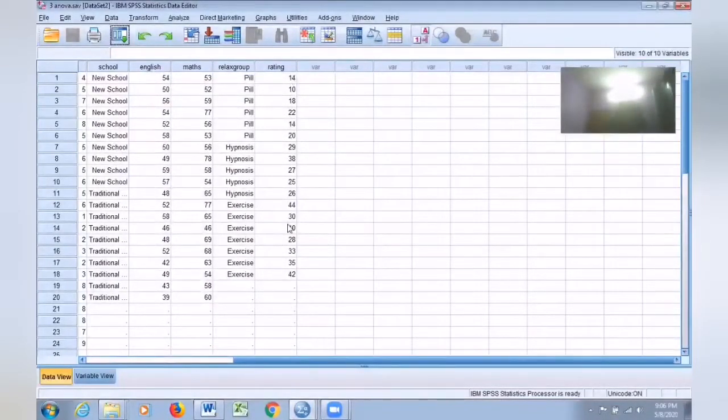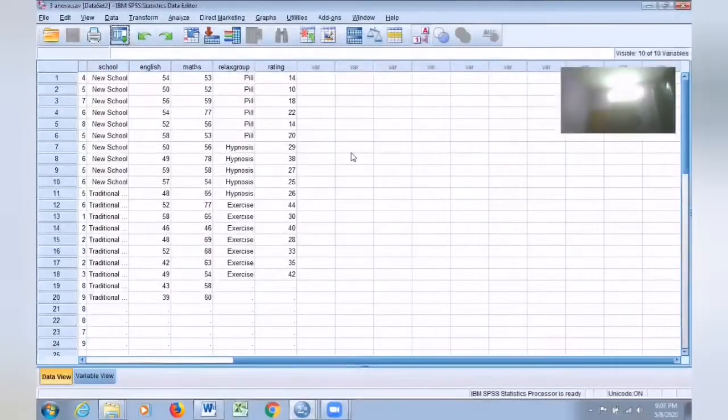On the scale of 0 to 50, we have asked them to rank their status of relaxation. So they have given the answers. The answers are not numbers, they are ranks. So there are three levels in the independent variable. But the dependent variable is not in numerical form, it is ordinal data.